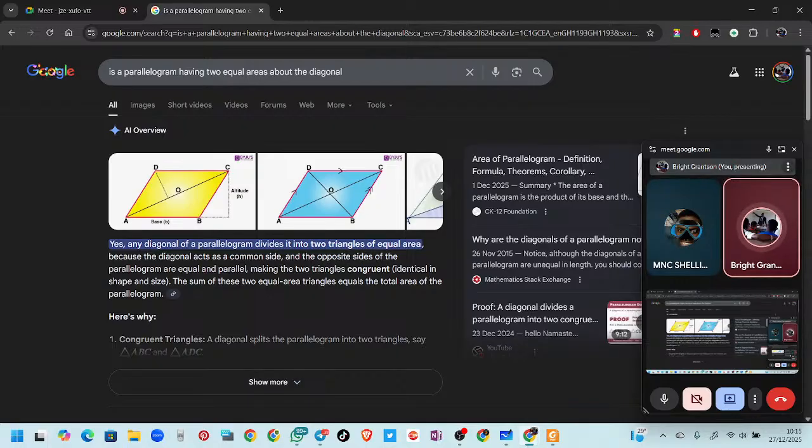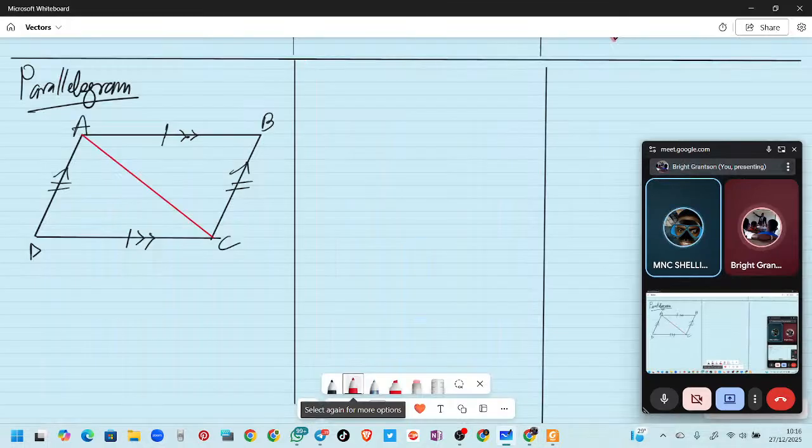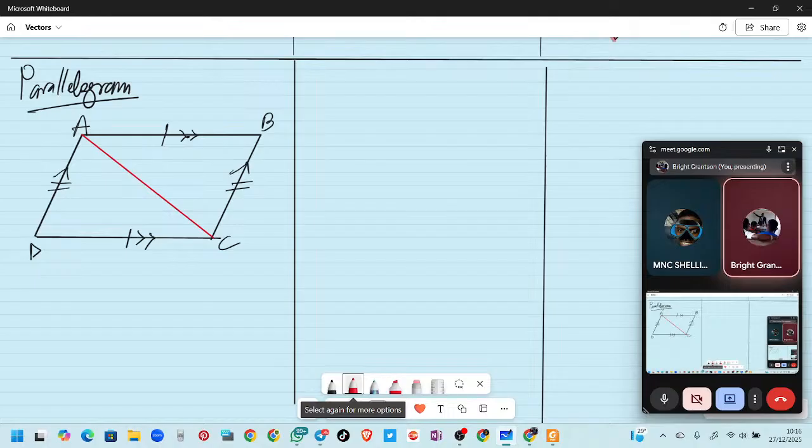Now this is the point where we are going to use very much. When you create a diagonal in a parallelogram, the areas become equal, right? Because the diagonal is a common side and the opposite sides are equal. So now let's use that justification. This means that this area is the same as this area.